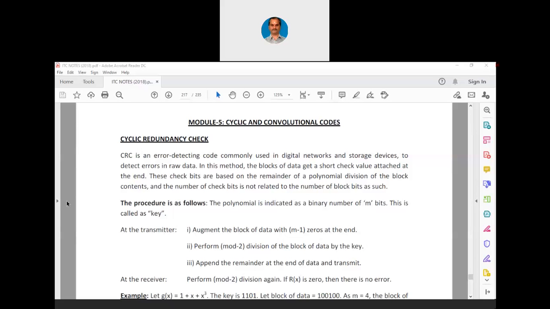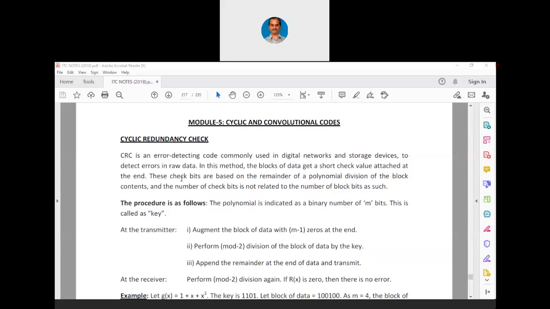In all applications, we need not go for block coding or cyclic coding with a relationship between check bits and data bits. In this particular check called CRC, cyclic redundancy check, the check bits are not related to the message bits in a mathematical fashion. They are obtained in a different style. I am going to tell you that now.